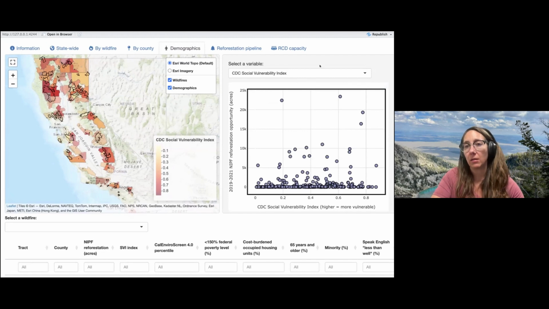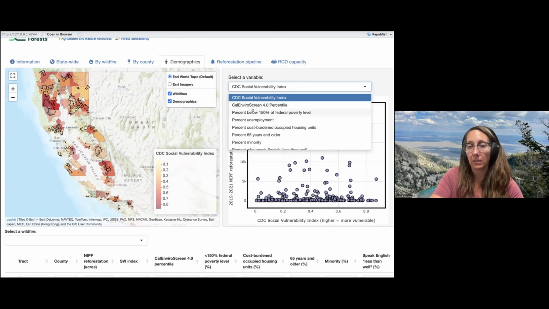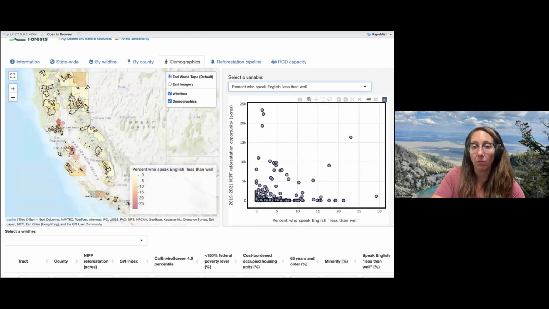The last piece I'll point out on this particular tab is that you can also choose these different variables that may be better in line with the demographics you would like to support or conduct outreach to. So percent who speak English less than well, we can look at those where we might want to be sending out mailers in alternative languages as well.